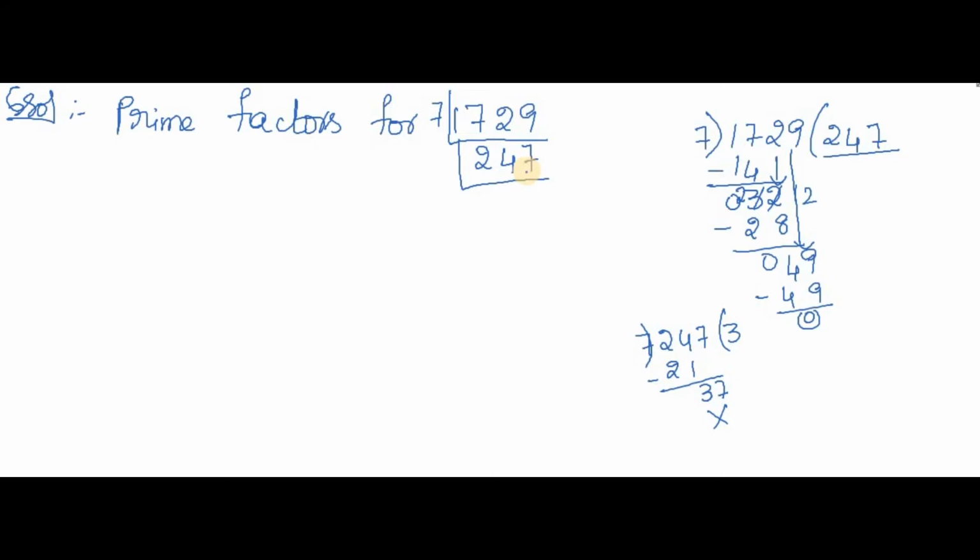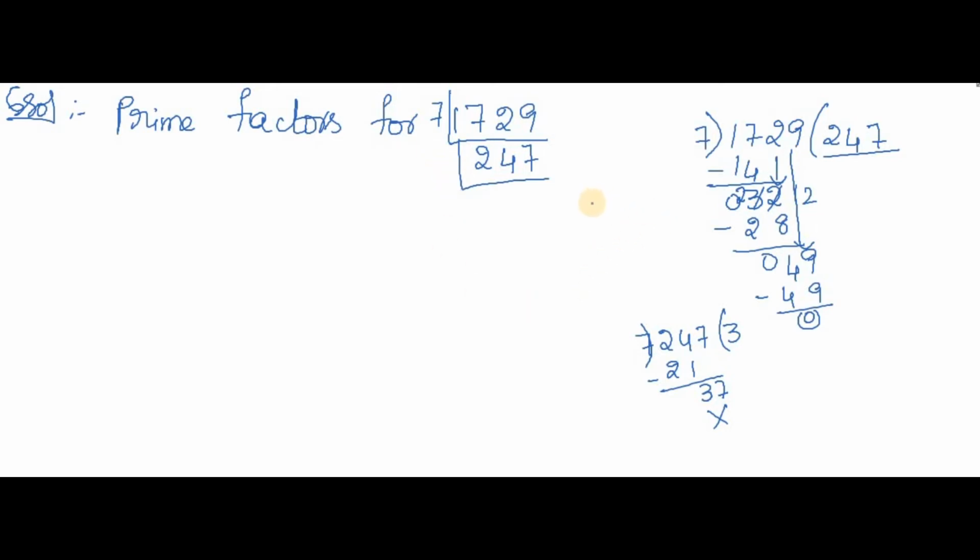And next, 2 not coming, 3 not coming, 4 not coming, 5, 6, 7, 8 also not coming, 9 also not coming. 11 table also it will not come. 12 table also will not come.